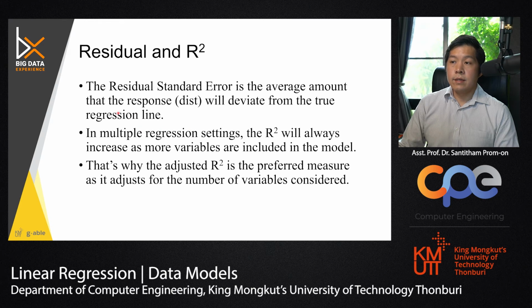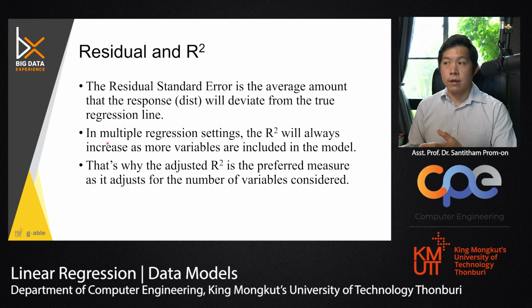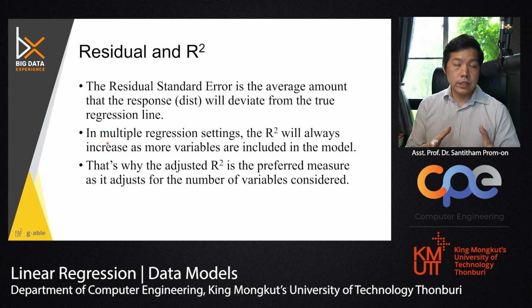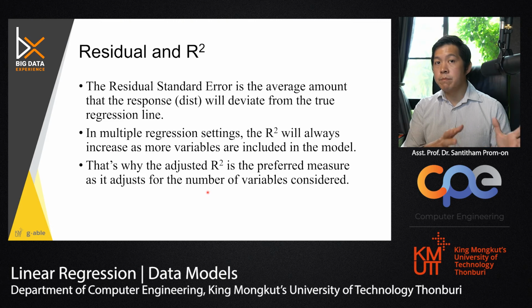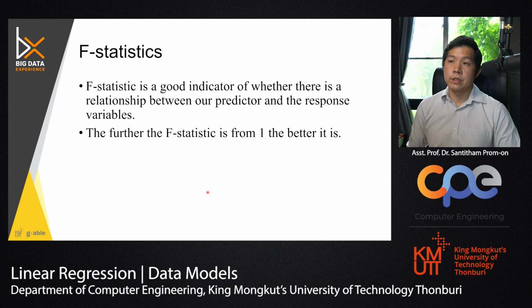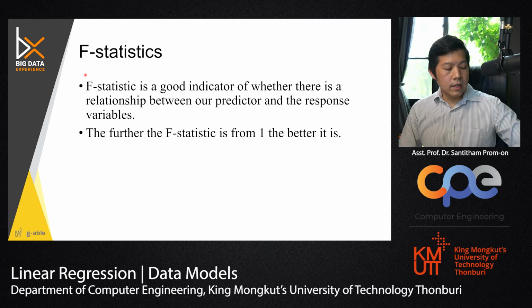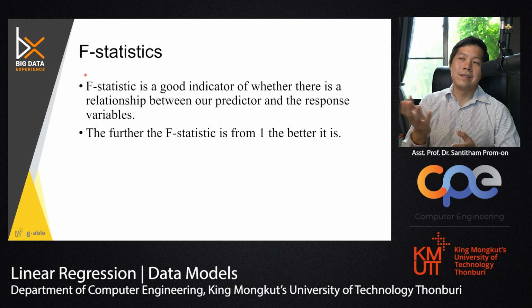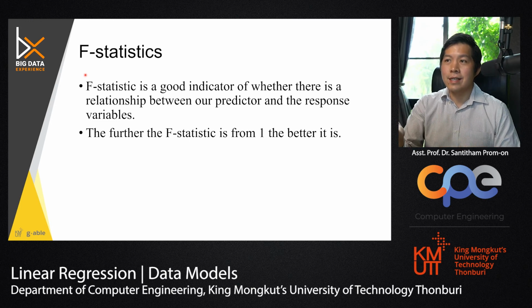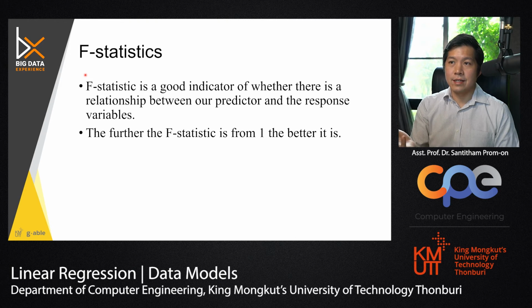And R-square indicates the goodness of fit. In multiple regression, which you will see later on, R-square will increase when you put in more variables. So there is an adjusted R-square which should be used if you use multiple variables, not simple regression, but multiple regression. The last one is the F statistic. The F statistic is usually used to compare the proportion between this. Have you learned this in a statistics course yet? The F statistic.